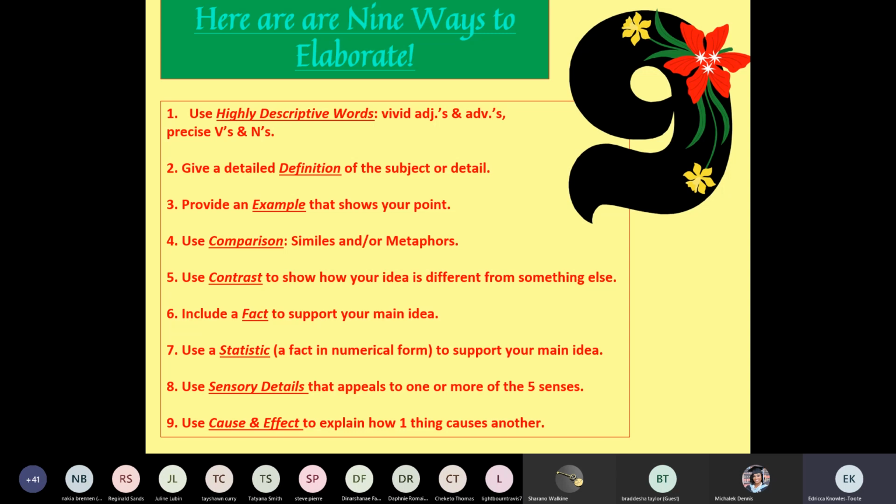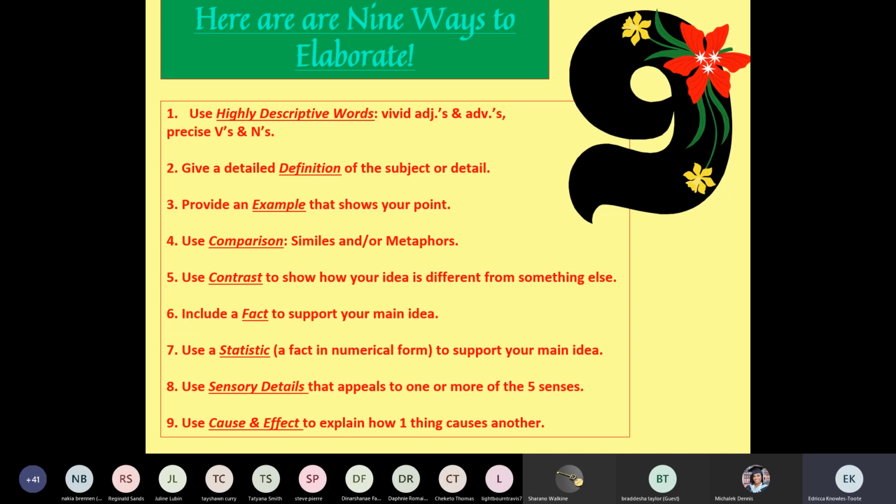They talked about the atomic bombs, right? Yeah, you can use comparison. And I know some of these words are familiar to you because we looked at some of these in previous lessons. So you can use similes or metaphors. You can contrast to show how your idea is different from something else.